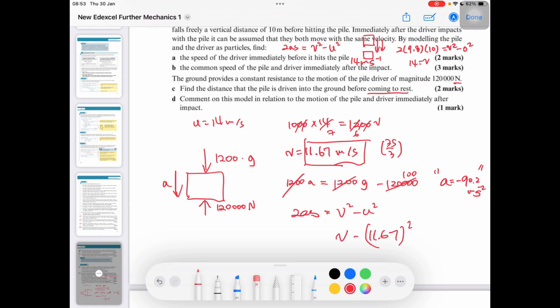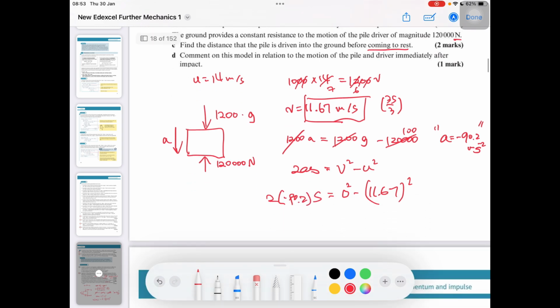Minus, now we go to rest, so 0 squared becomes 2 times negative 90.2 times s. So s becomes 11.67, which is 35 over 3 squared, over 2 over 90.2, so 0.754 meters.